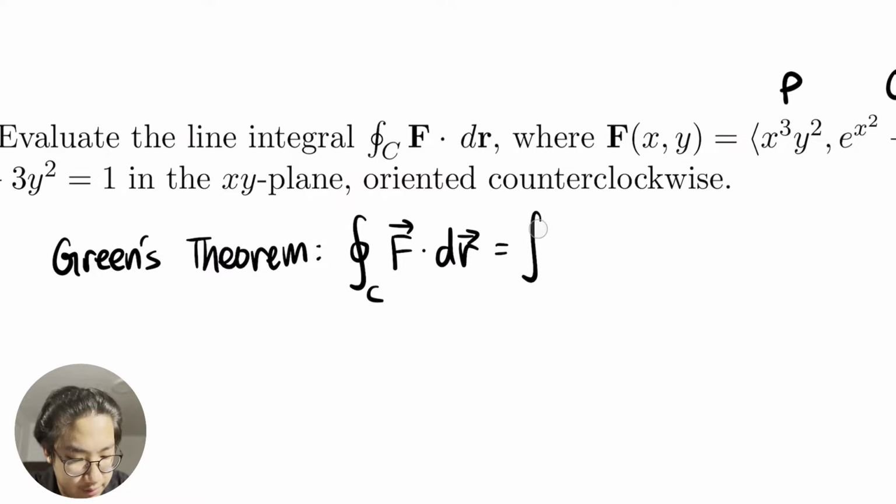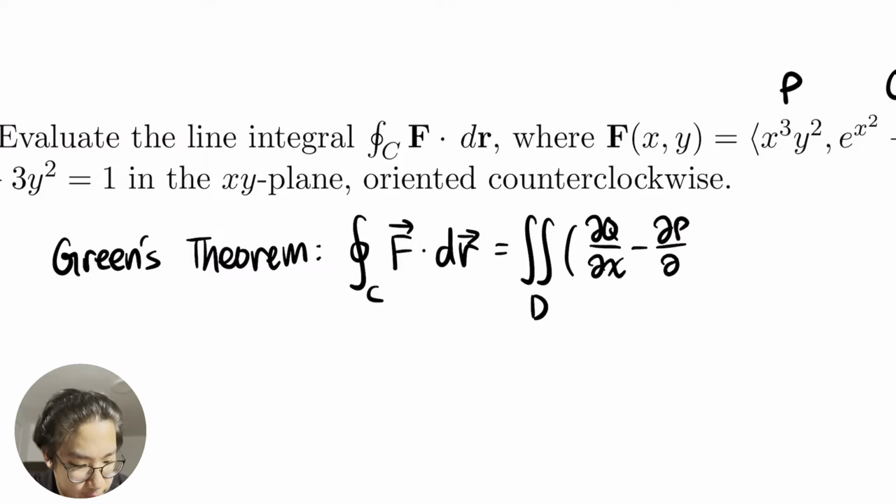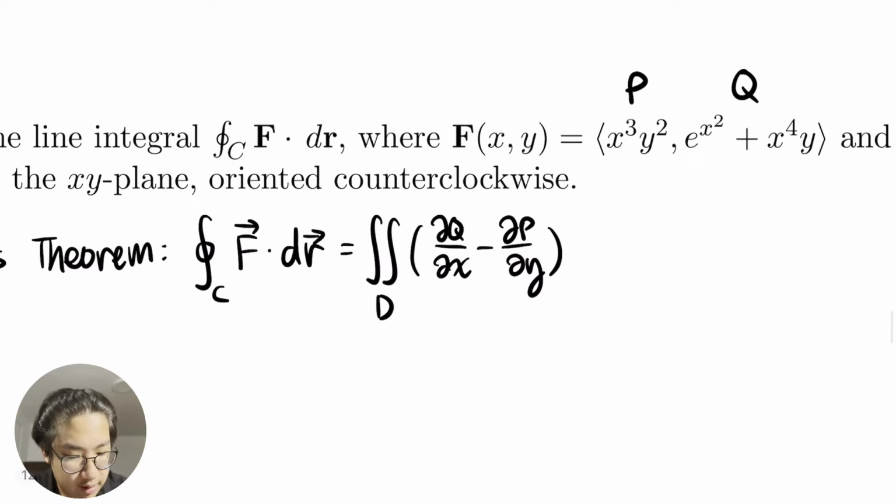It's the double integral over the region D, and I'll explain what D is in a sec, of the following function: partial Q partial x, minus partial P partial y, and then dA.